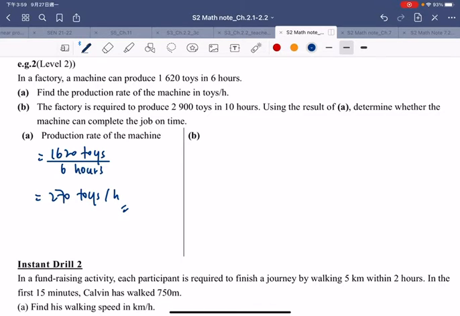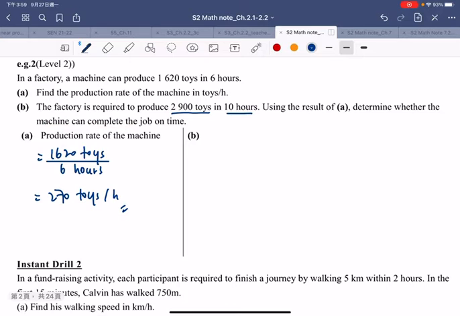Okay, and part B. So the factory needs to produce 2,900 toys in 10 hours. So it's asking us to use the result of A to decide whether the machine can complete the job on time. So the result in A is we know the machine can produce 270 toys in an hour.